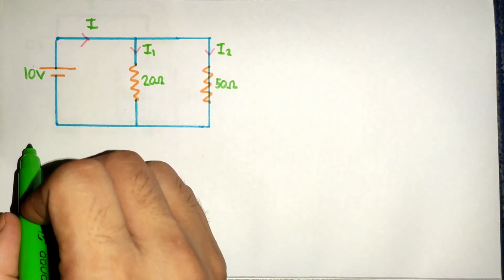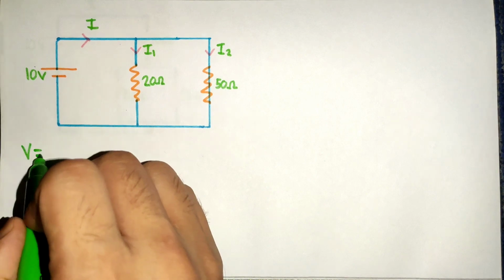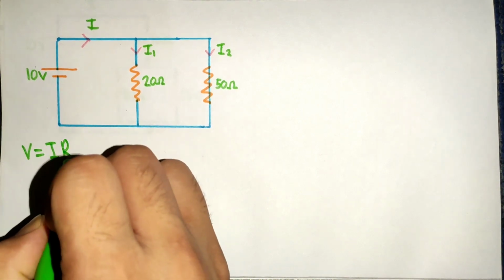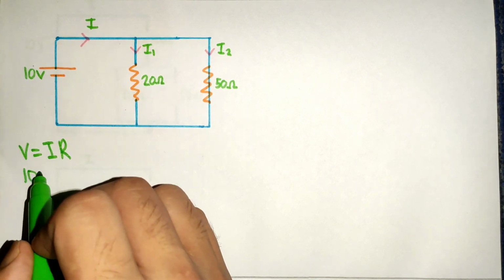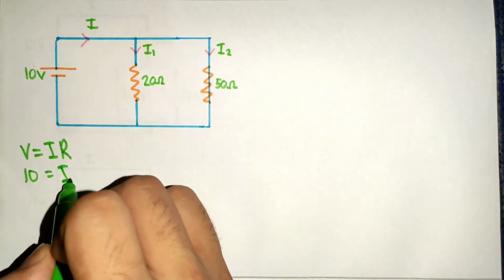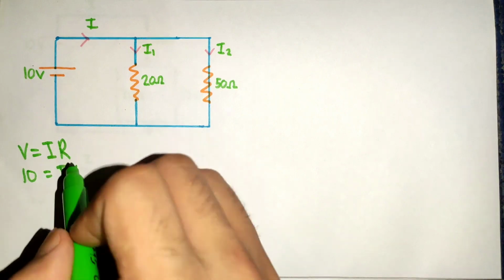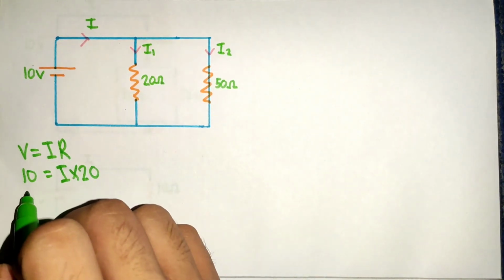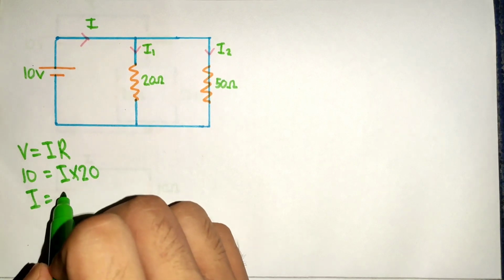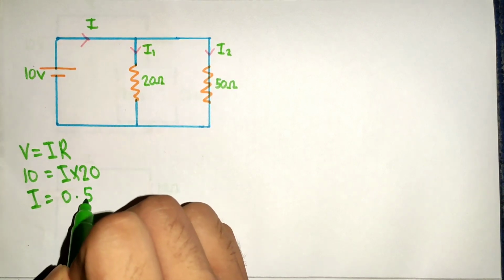Using Ohm's law, V equals IR, where V is 10 volt, I we want to find, R is 20 ohm. So I equals 0.5 ampere.